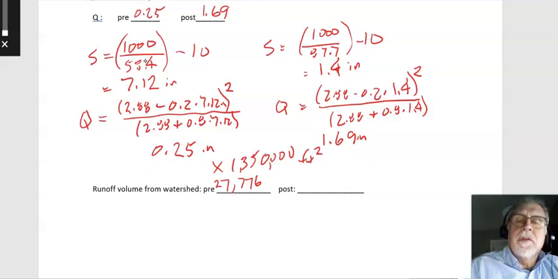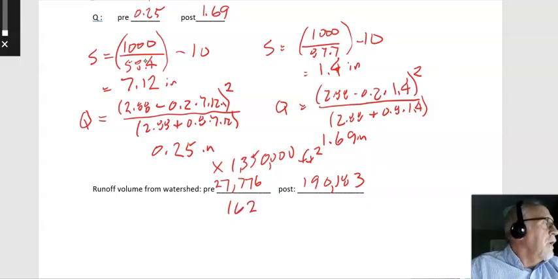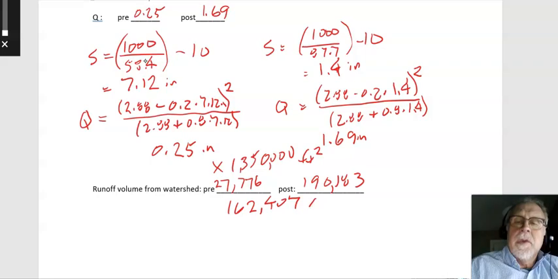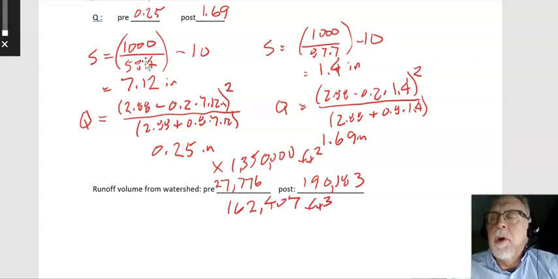I'll do this in feet cubed instead of acre feet. And this is 190,183. So the difference is 162,407 cubic feet.